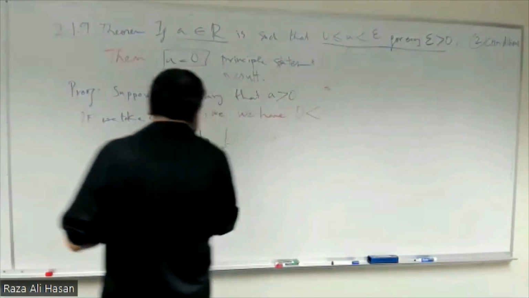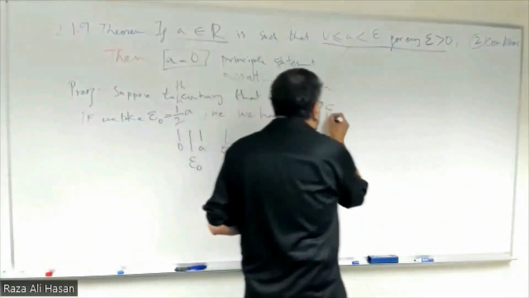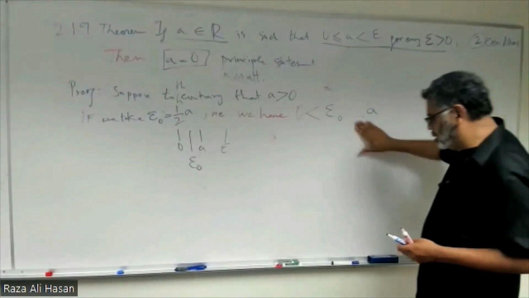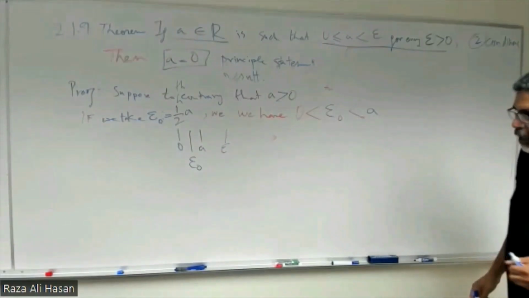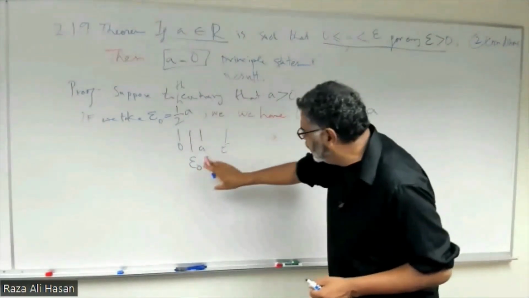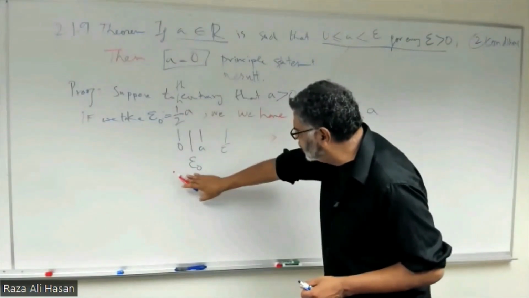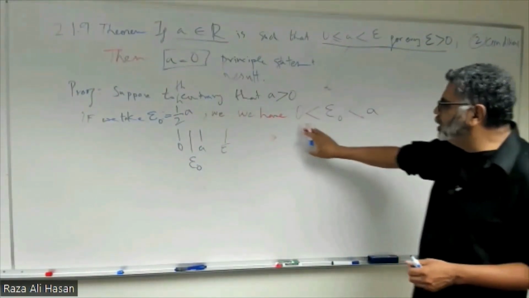So 0 is less than A, and A is greater than epsilon. I was getting confused, because A is here, A is bigger than the smallest positive number, and it's still bigger than 0. So A is still bigger than 0.